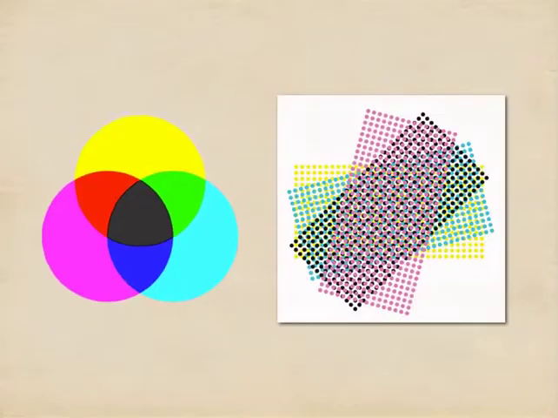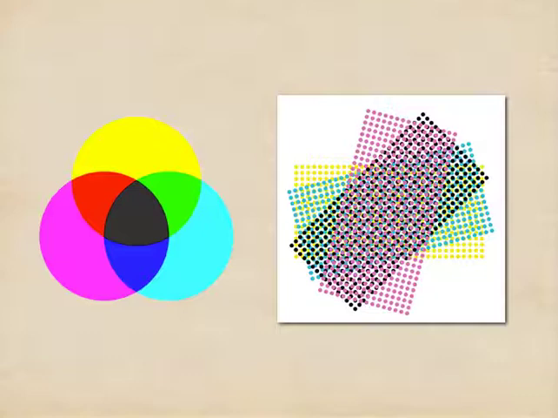If you look really closely at a magazine, you will see that the color printing is made up of these dot grids, sometimes called screens, which are placed at angles to one another and laid down over the page. And by controlling the size of each dot, you can control how much of each of the 3 primaries is located at each point on the page.